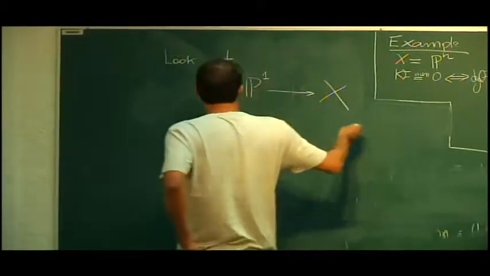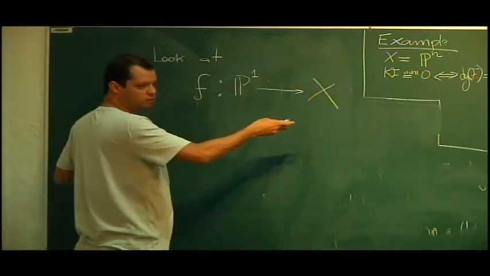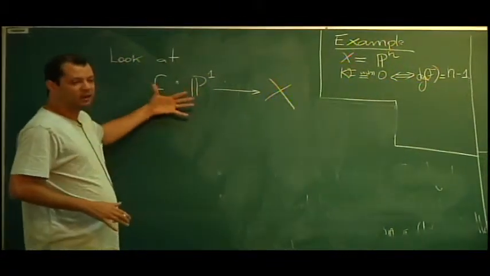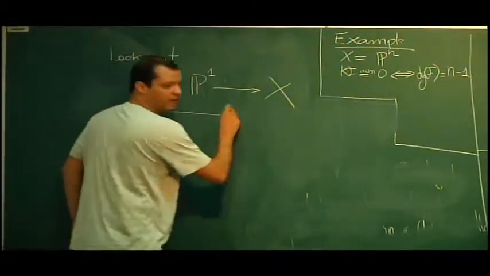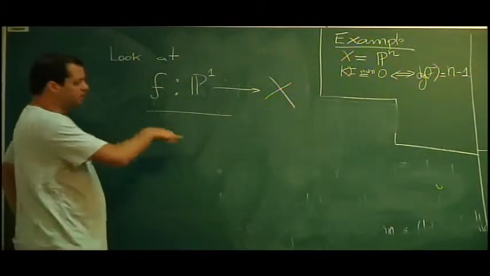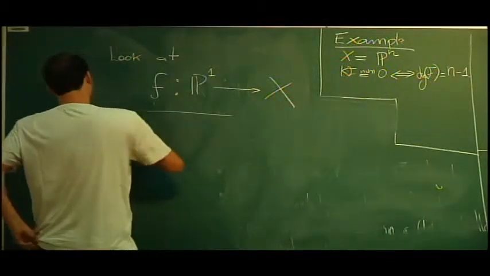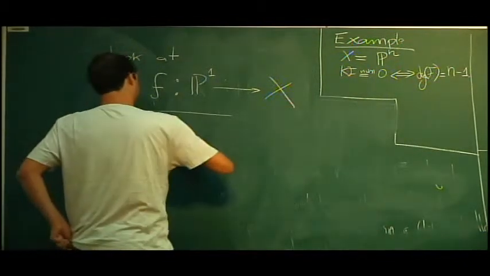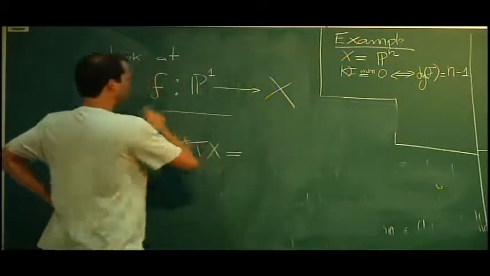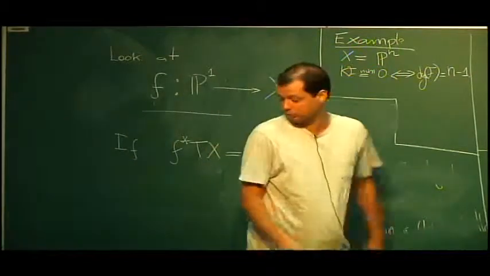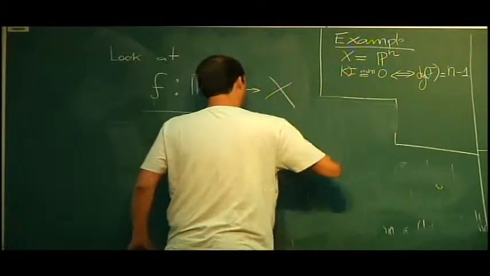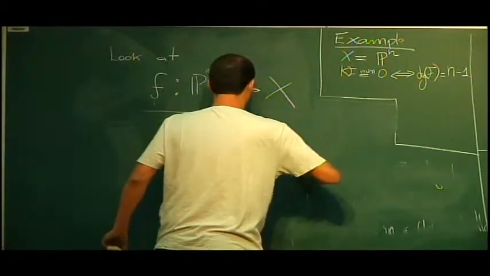And the point is that there is a rich theory, very nice, which explains what the space of these maps looks like, as soon as you impose some restrictions on the pullback of the tangent bundle by F. So if this is a line bundle on P1, I can always write it as a sum of line bundles by the Grothendieck-Birkhoff theorem.